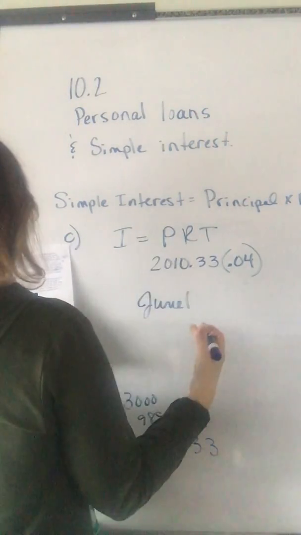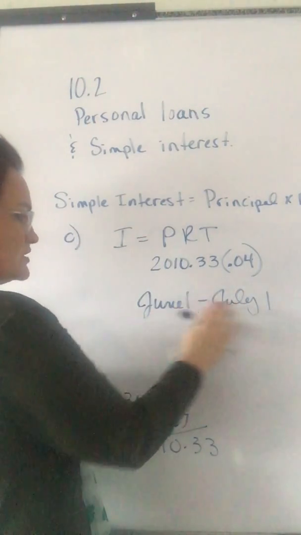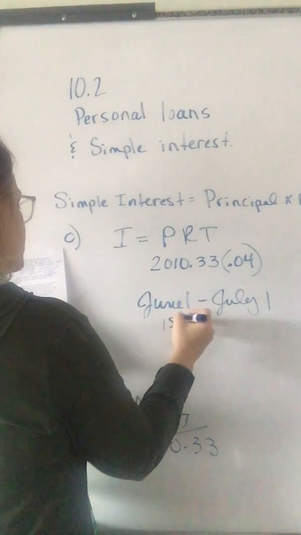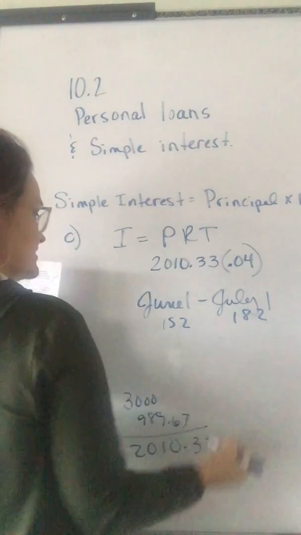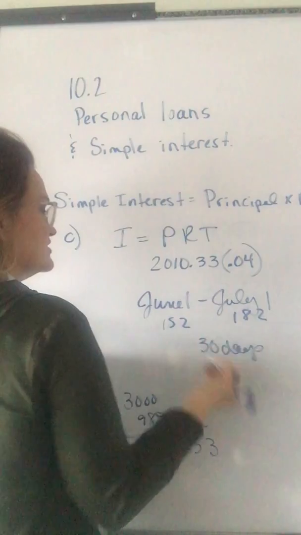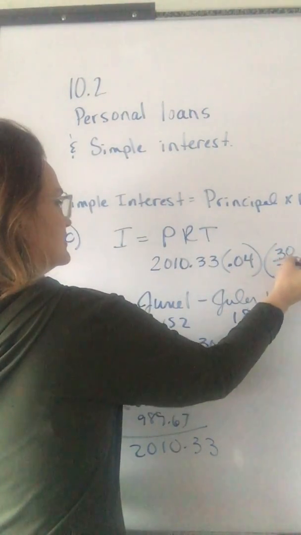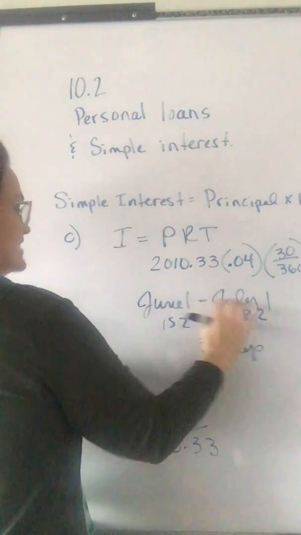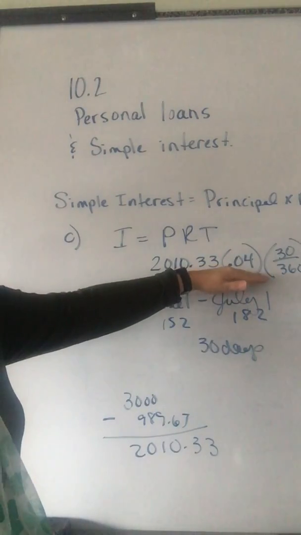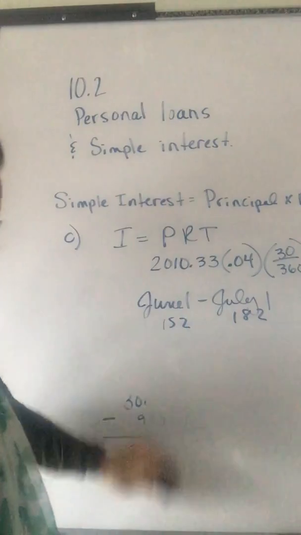It's like they just restarted our loan on June the 1st, and we go through July the 1st. So look on your calendar or figure out the days. This is the 152nd day, this is the 182nd day. When you subtract, there were 30 days. You may know there are 30 days in June, so this one worked out neatly as exactly one month. So we've got our new principal that started June the 1st, our interest rate, and the 30 days since the last payment that we're recalculating.